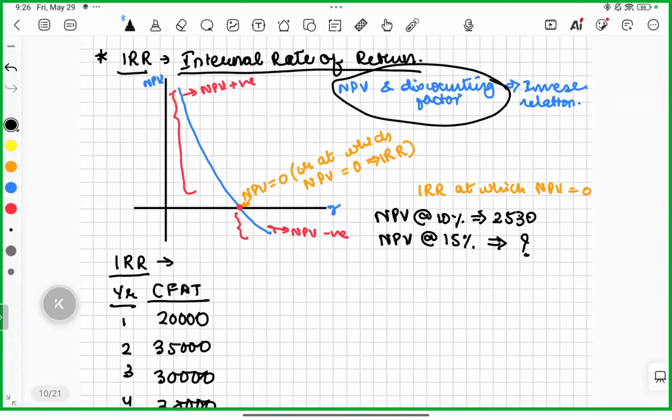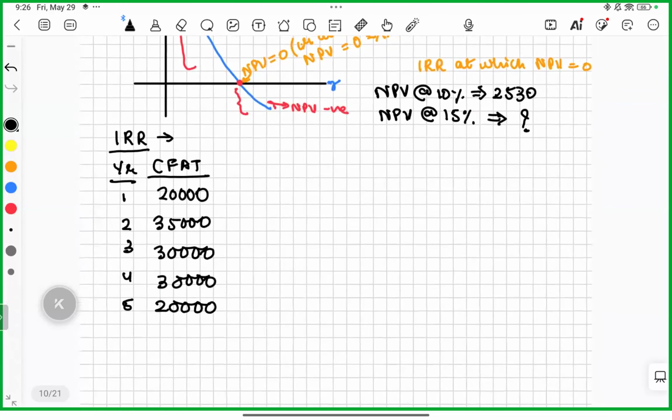If you increase the discounting factor, NPV will come to negative. But how much, we don't know. So this is only on the basis of trial and error. You can take 16%, you can take 20%, you can take 13%. Till the time you get a negative NPV, you have to keep on increasing the discounting factor.